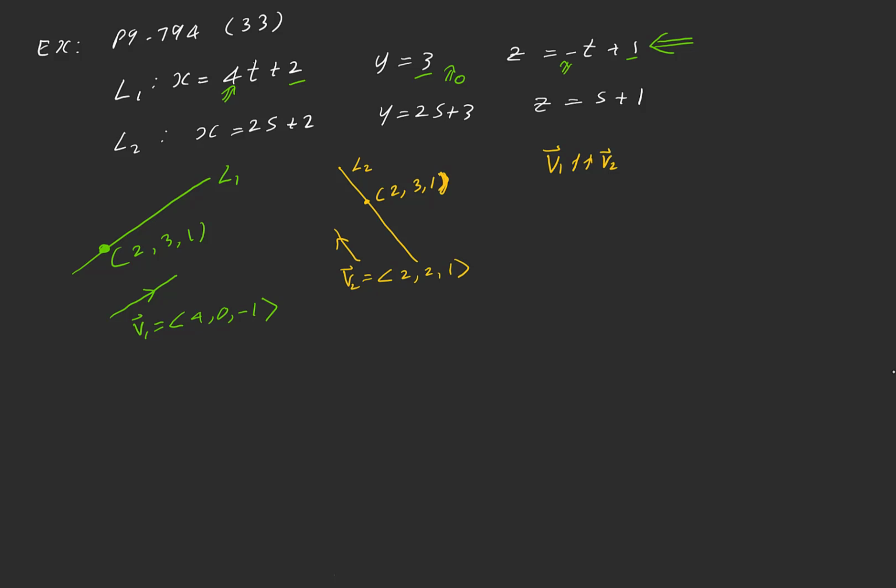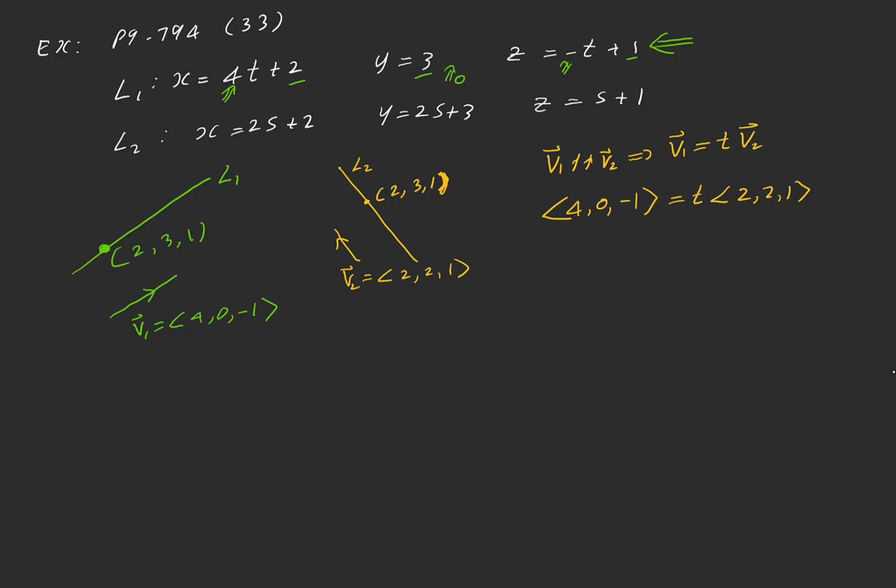So let me check this. V1 is (4, 0, -1) and V2 is (2, 2, 1). What is the meaning of this? If these two vectors are parallel, we can find a scalar t such that the vector V1 equals t times the vector V2. If we can find t, then V1 and V2 are parallel.